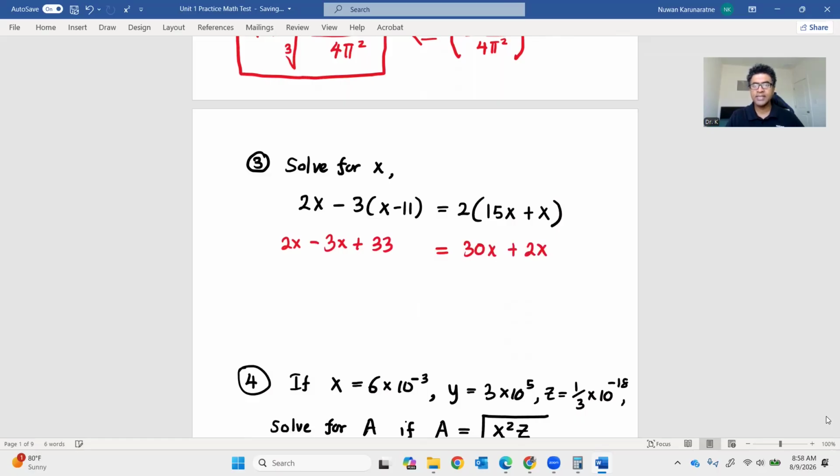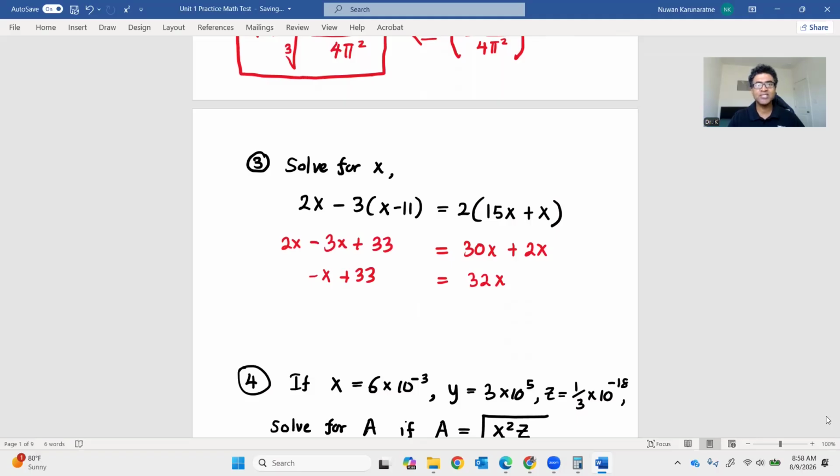And then I'm going to keep the constants on one side and take the x terms to the other side. So here, can you see I have a minus x plus 33, and on the right-hand side I have 32x.